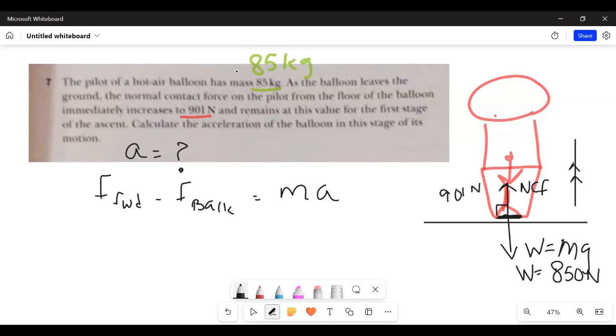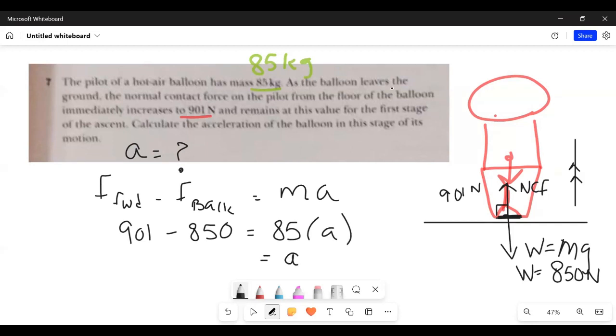Forward force is the force in the direction of motion. So which force is in the direction of motion? 901 is in the direction of motion. 850 is against the direction of motion, equals m, which is 85, times a.